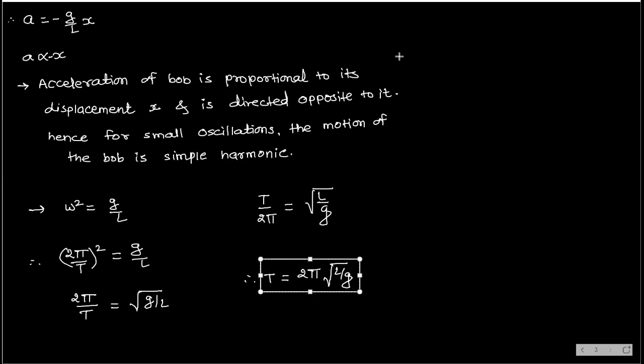Clear? Now next one, he is asking what is the seconds pendulum. Here, seconds pendulum. So you can write here seconds pendulum, and here you can write time period also.